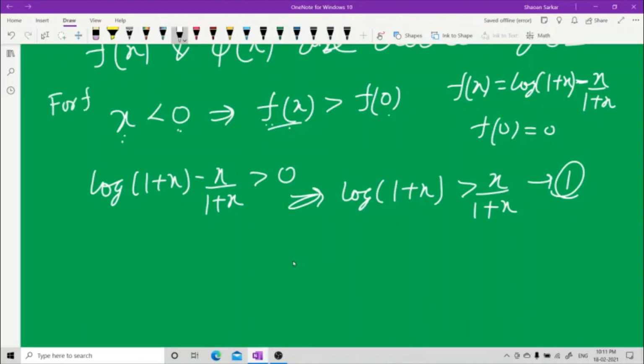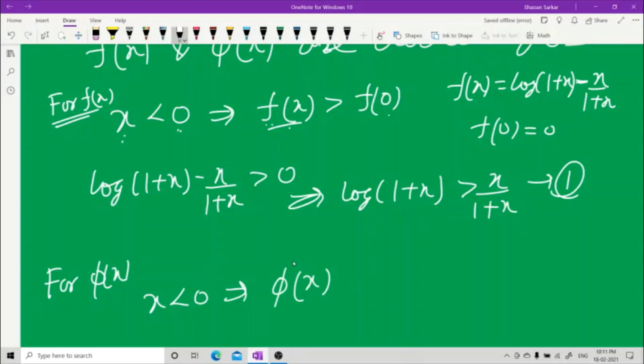Now for phi(x), you have to take the same interval. This implies phi(x), which was in the back, will now come in the front, and what was in the front will go at the back. What is phi(0)? phi(x) is x minus log(1 plus x).